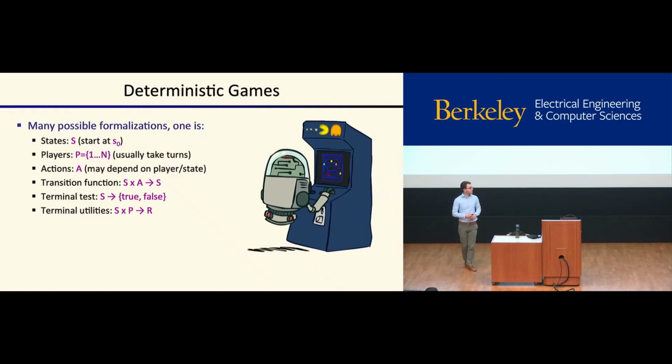So given a state that we end the game in, and given a player that we care about, there's some real valued utility associated with that, and this terminal utility function is going to tell us what that real value is. So this could still be implemented as like there are costs along the way, but essentially now we're deferring all of the utility until the end of the game. Does that make sense?